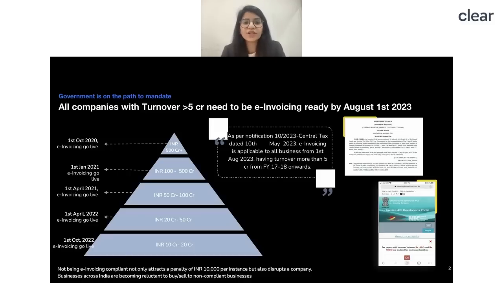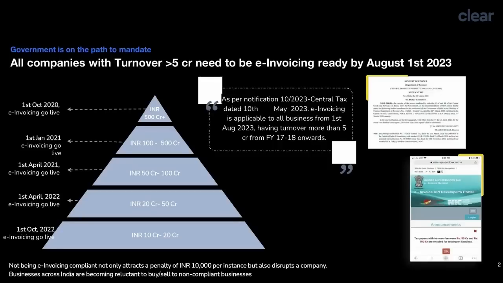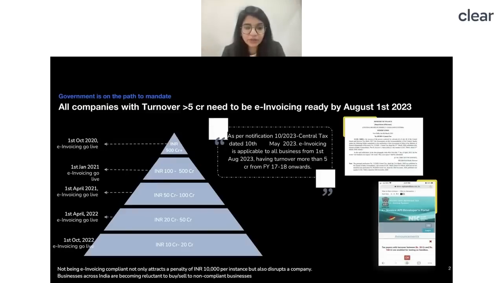But obviously the government didn't stop there, right? Then they further reduced this limit to 20 crore. So from 1st April 2022, if your aggregate turnover is greater than 20 crore, then e-invoicing is applicable to you. Then we wondered, is that the final limit?